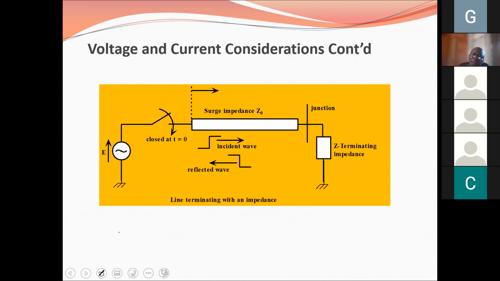However, if this is a surge impedance of line X, and what is beyond that point has the same surge impedance, then we would not get any reflection. So all the voltage that is coming along our line will be seen across the other element. Okay, noted, sir. But that would be in an ideal world, eh? True. All right, thank you.